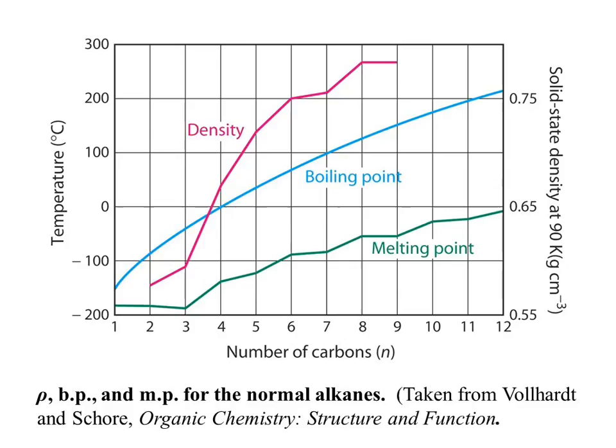And down here, they're saying the number of carbons: methane, ethane, propane, butane, pentane, hexane, and we have the corresponding boiling point temperatures and melting points.